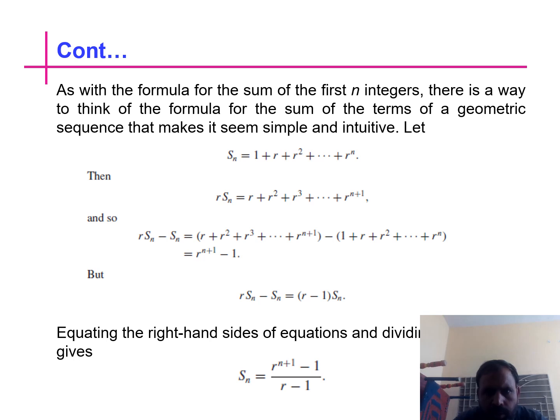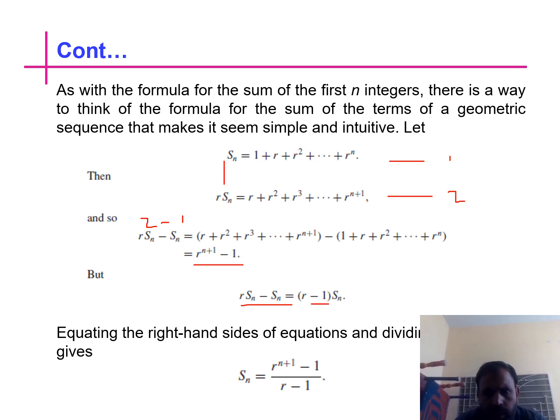And when we subtract these two equations, if this is equation 1 and this equation is 2, then 2 minus 1, this equation minus this equation, the right hand side will become r^(n+1) - 1, and the left hand side r S_n - S_n is equal to (r - 1) S_n.